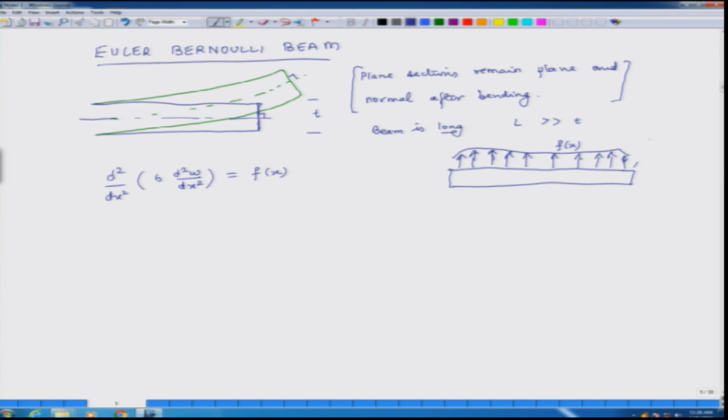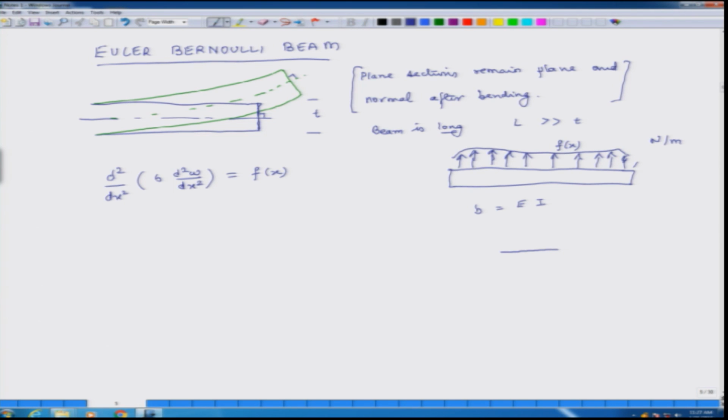Its units are Newton per meter. And B is a multiple of two things. One is Young's modulus E and I is the moment of inertia of the cross section at point x. So, this I can vary with respect to x, and so could E.